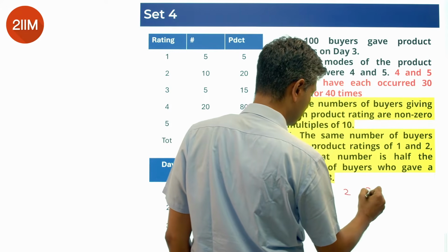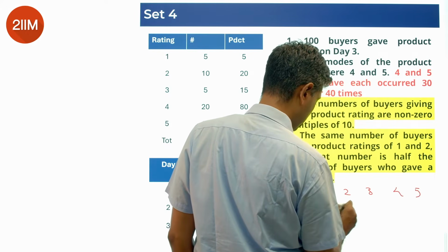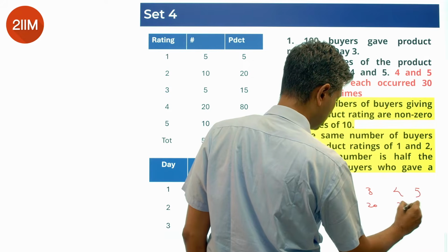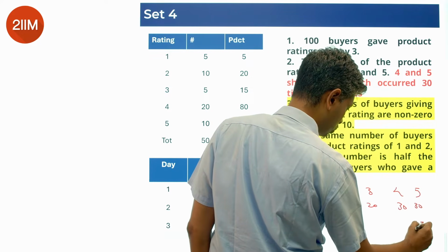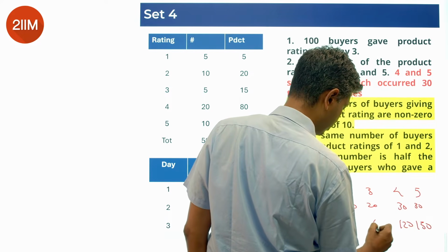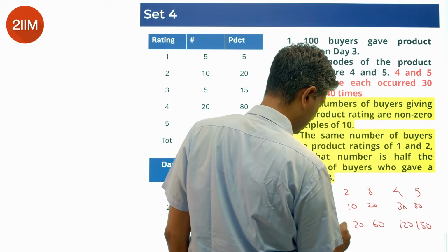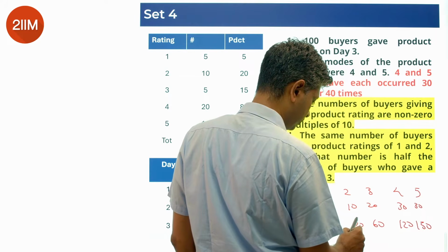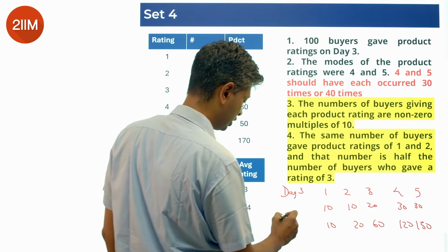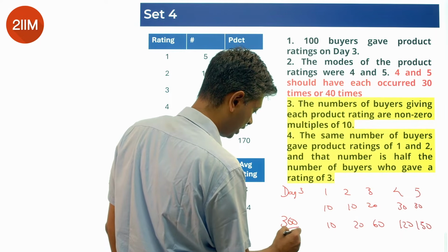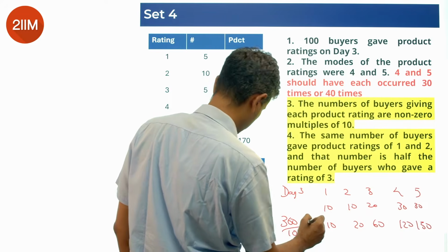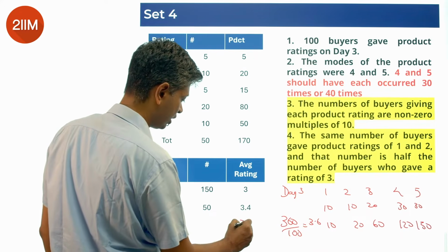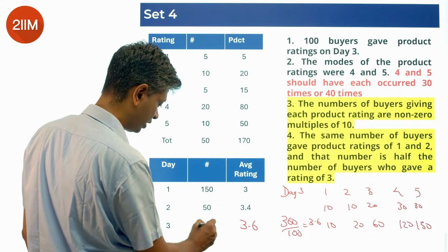Ratings of 1, 2, 3, 4, 5: 10 people, 10 people, 20, 30, 30. The products are 5 times 30 is 150, 120, 60, 20, 10. Add all this up: 270, 330, 350, 360. 360 by 100 is 3.6. So the day 3 average rating is 3.6. The number of entities is 100.